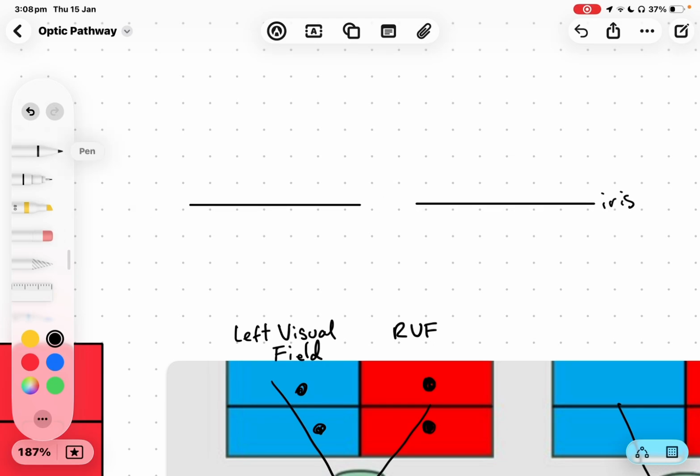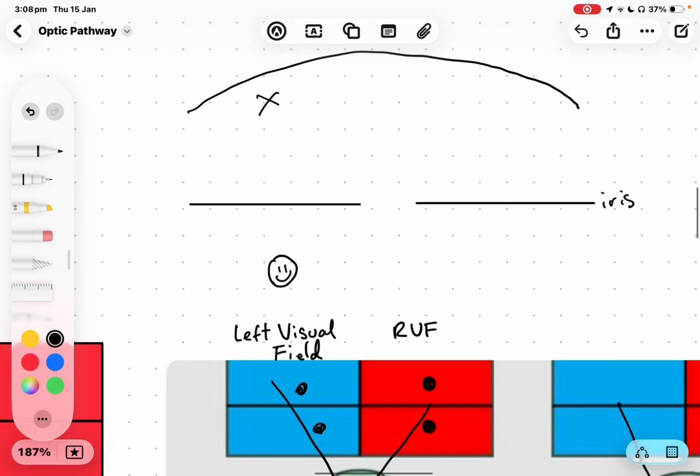Essentially, if I was to have one person stood here, so let's just draw a little smiley face there, and we have the retina over this side here, which part of the retina can actually see this smiley face? Well, this part can't see it, this part can't see it, this part can't see it, and this part can't either. But going through the pupil, this part can.